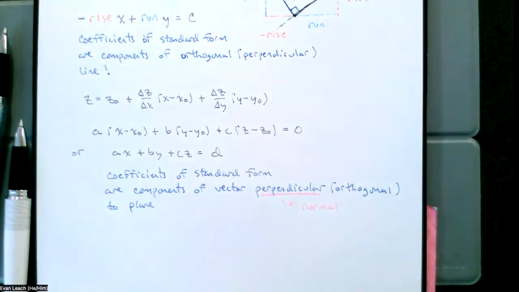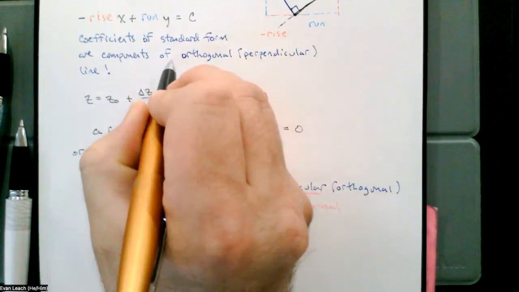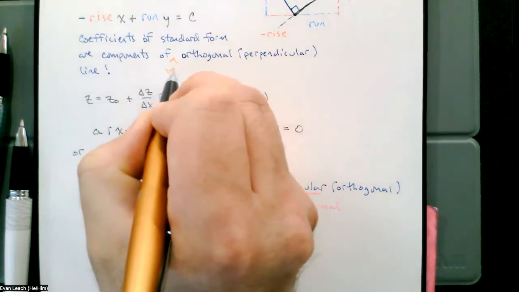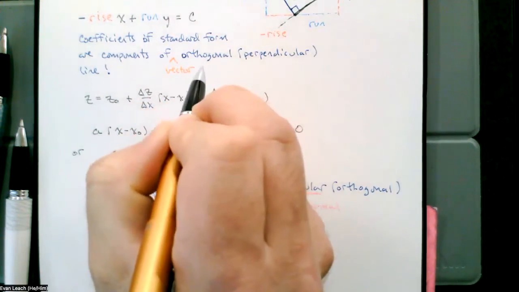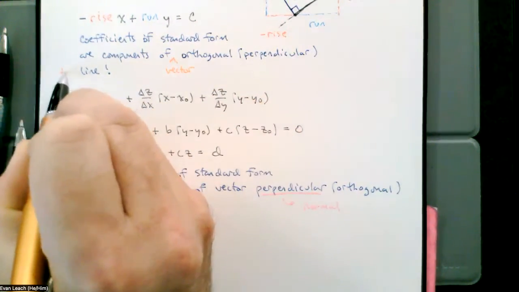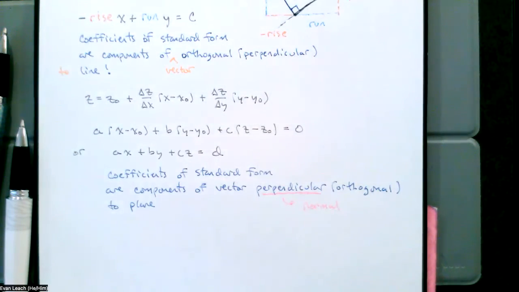To make things match better, they are the components of the vector orthogonal to the line. Coefficients in standard form are the components of the normal vector. Normal to our original line, normal to our plane.